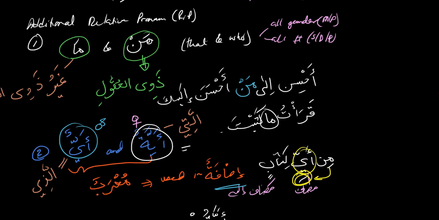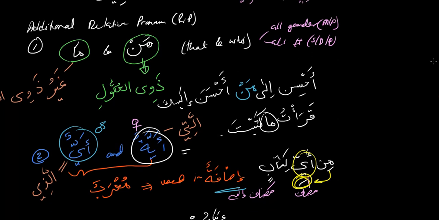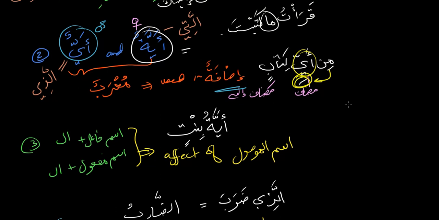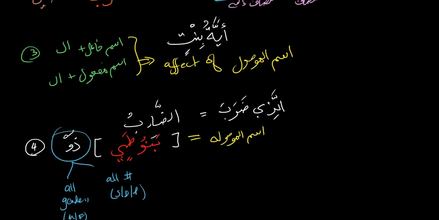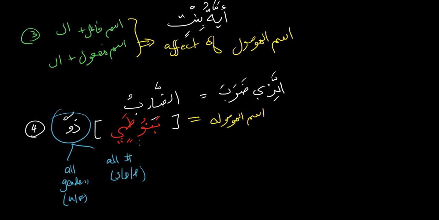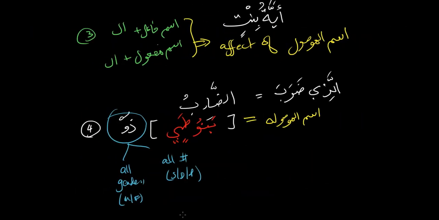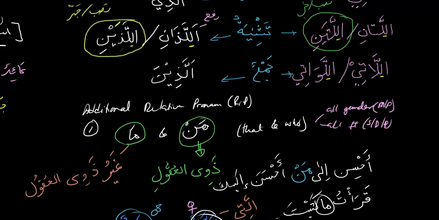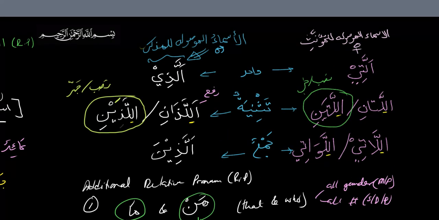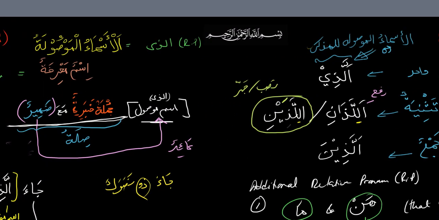Then there are four additional categories of relative pronouns: ma and man; ayyun and ayyatun; al with ism fa'il and ism maf'ul; and finally zu, which in the Banu Tay dialect is used as ism mawsula for all genders and all numbers. That's pretty cool, and that's a summary of this part of the chapter on al-asma al-mawsula.